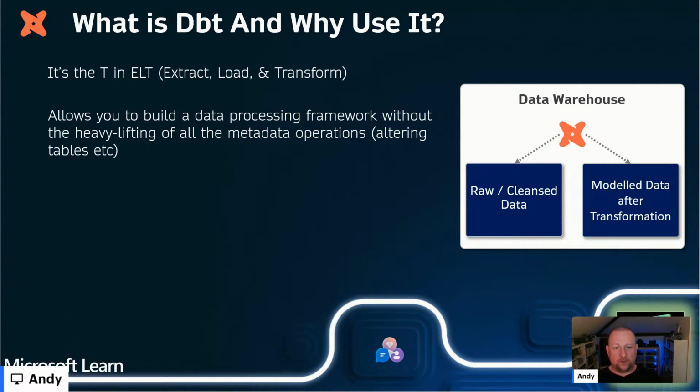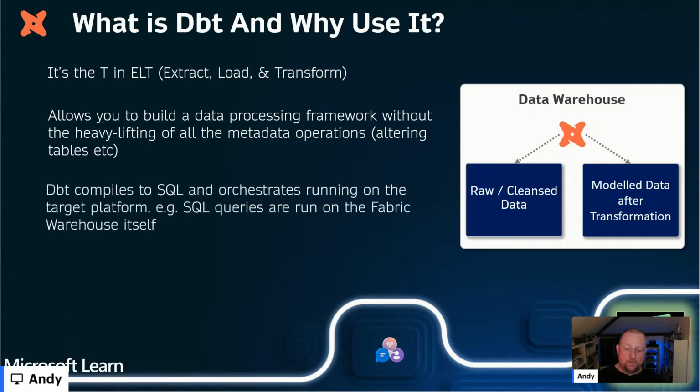And ultimately, what it enables you to do is, instead of rolling your own SQL-based frameworks or Python-based frameworks to automate certain aspects of downstream schema creation and dependencies, DBT is doing this for you. And it's compiling the code to run on your chosen destination platform.